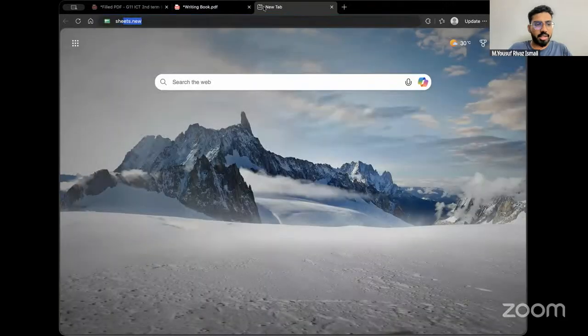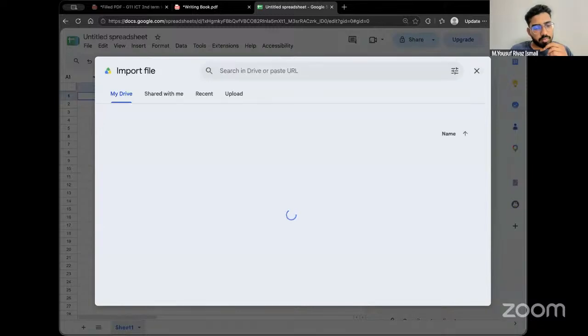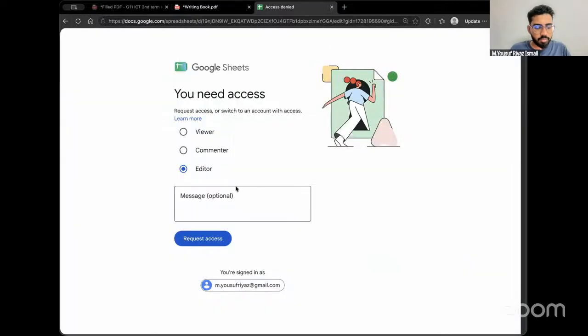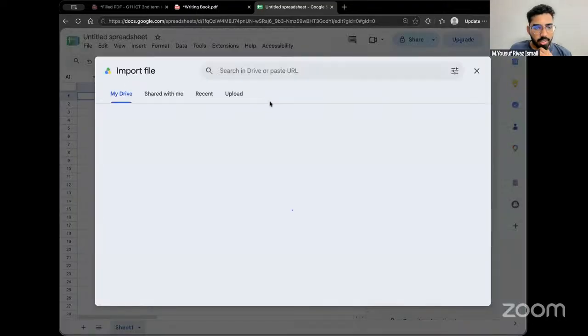For example, let's say I have a spreadsheet file. Let me import some random data I have.